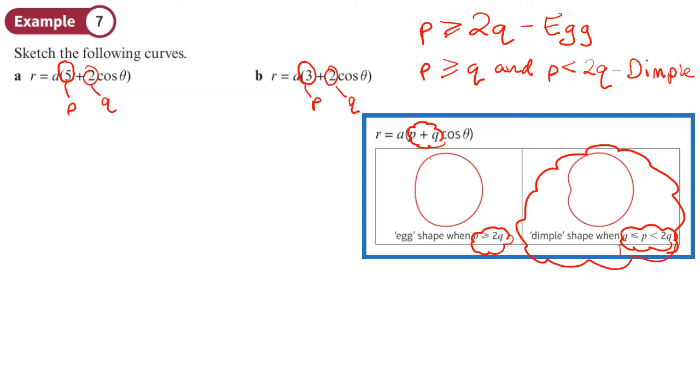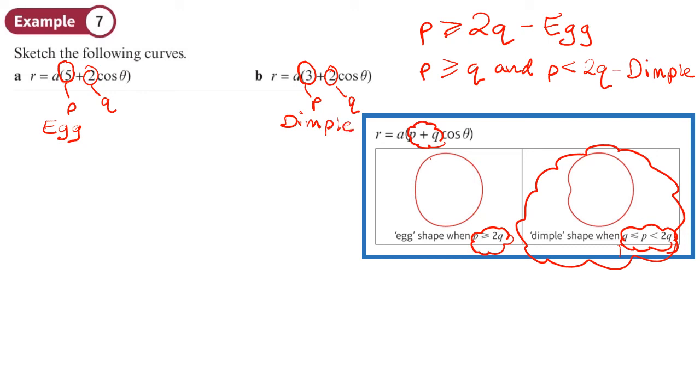So I can see from my first one, P, which is 5, is greater than 2 times Q. This is going to give me an egg shape. Then the second one, where P is greater than Q, but it's not 2 times bigger than Q, or 2, then this one will give me a dimple. So now I know the basic shape.